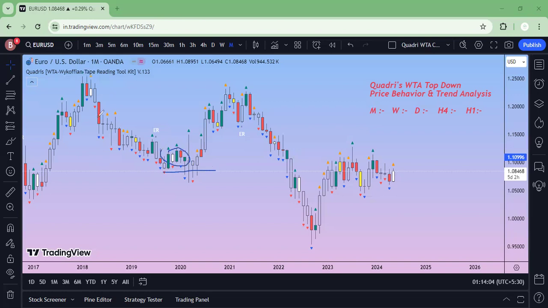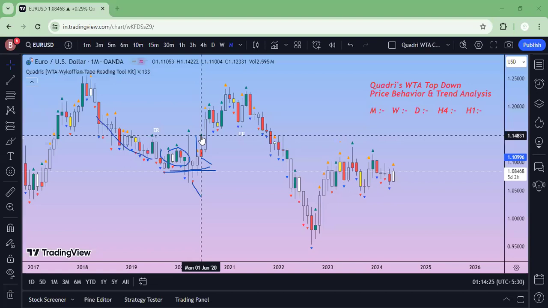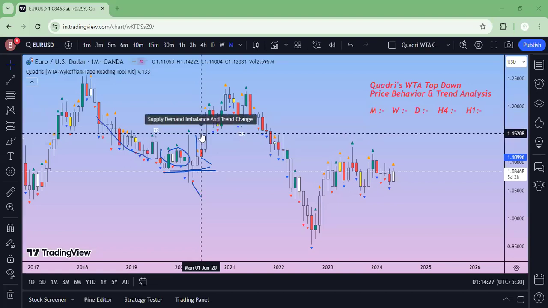So this is accumulation taking place after a markdown, and I got a spring, and after that I got a test of the spring, and then this was another heavy volume test. It suggests this particular bar was a supply demand imbalance area.